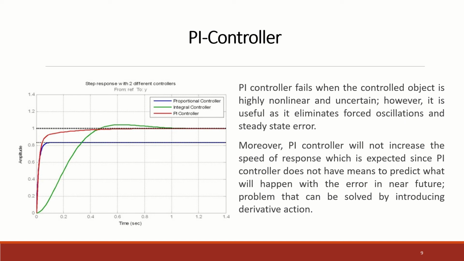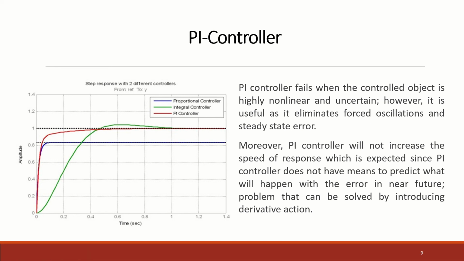However, PI controller is useful as it will eliminate forced oscillations and steady-state error drastically, making it the most widely used controller due to the overall improvement effect on the response when compared with the separate effect, as seen in this graph, in which both the proportional and integral controller effect on the response are drawn, as well as the whole effect of the PI controller over the system's response, shown by the red line.